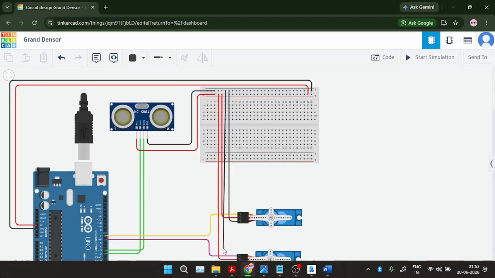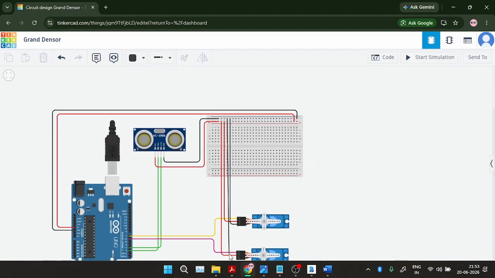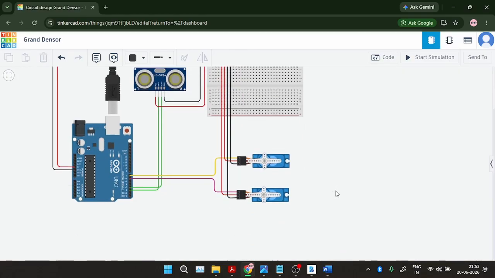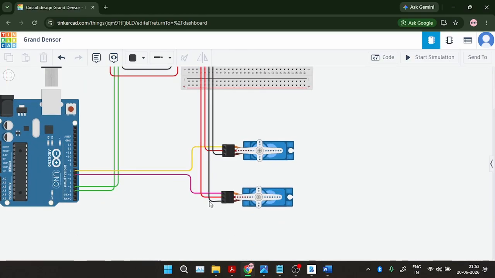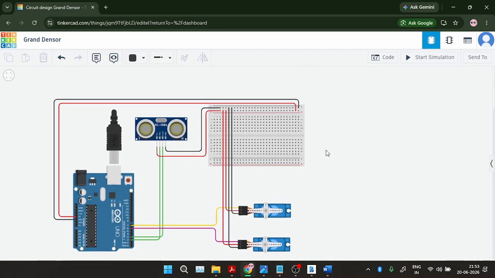And the other ground pin goes there. So this is the complete setup.